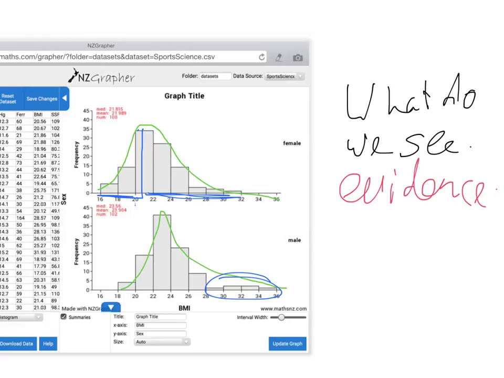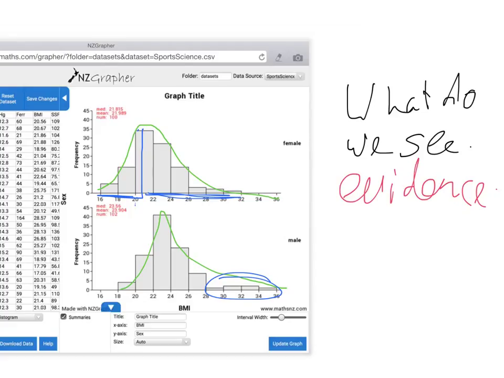Now, we would expect some difference from a perfectly normal. We wouldn't expect to see the perfect bell curve until we had maybe 500 in our sample size. But with 100, it should be getting close. And this is probably not close enough with a sample size of 100. But that's part of our evidence as well.